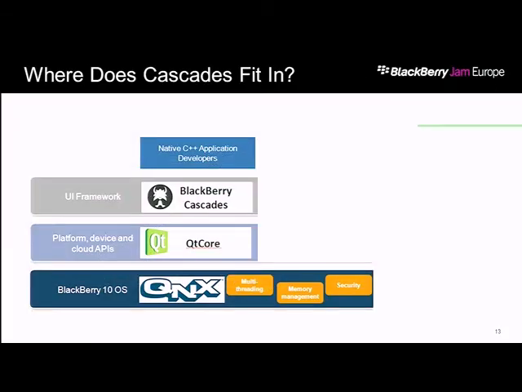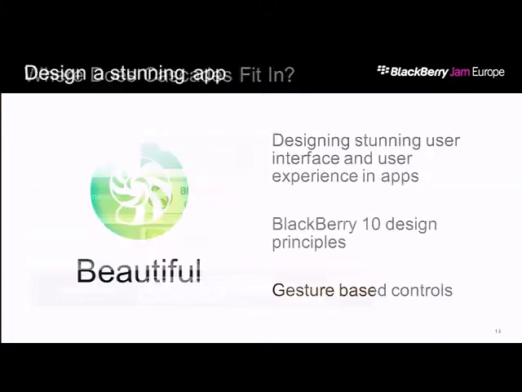So I'm sure many of you, if you've attended the Cascades sessions, have seen the architecture slides. I just want to briefly mention, for those of you who haven't attended, that Cascades is our native framework. It's built on top of Qt Core and provides you with the capability to write beautiful, rich graphical applications.